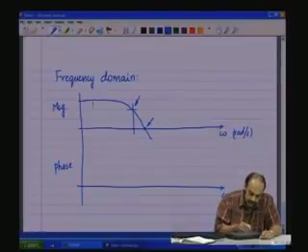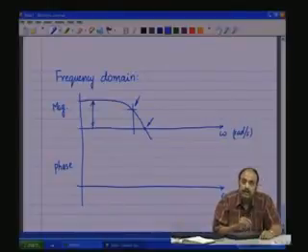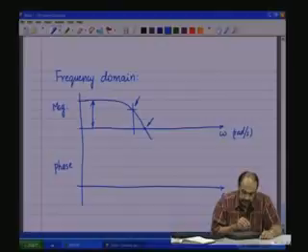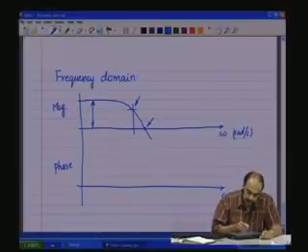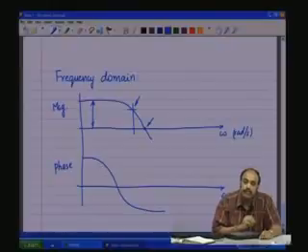So, these are important characteristics of the magnitude plot. What will be the gain or the attenuation of a particular circuit at various frequencies? So, corresponding to those frequencies, what will be the phase plot and how does it look like at various frequencies?